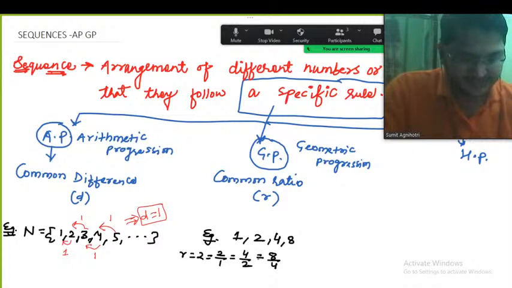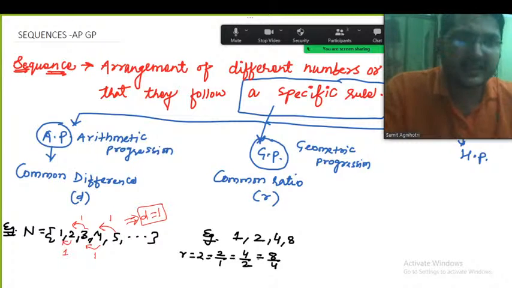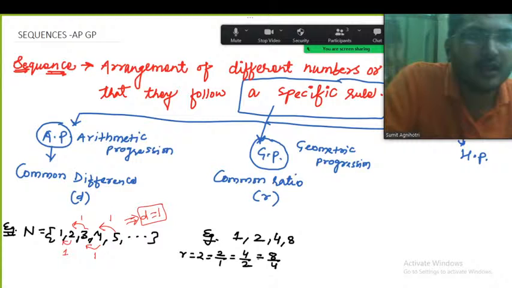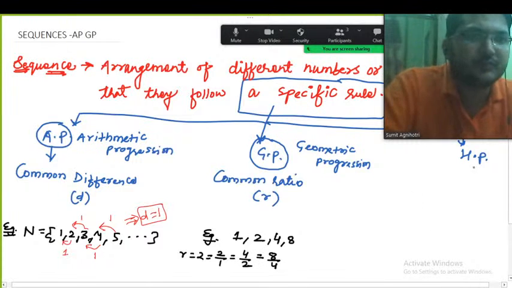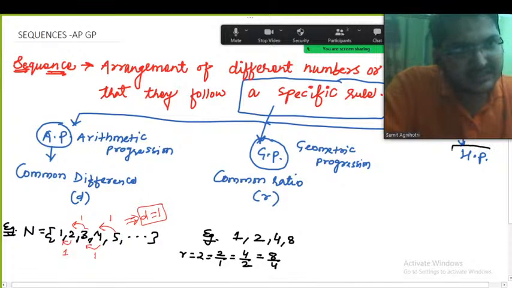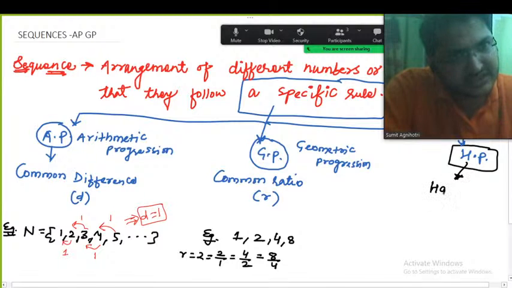The next thing is, what is HP then? First you need to understand its full form.